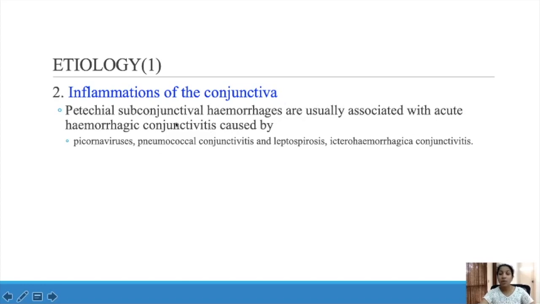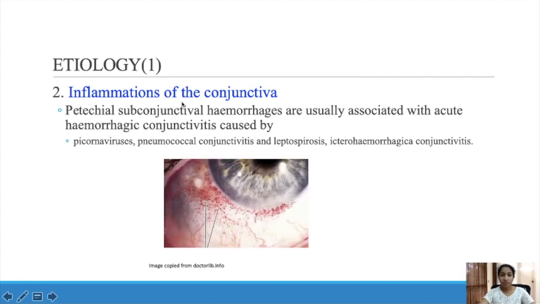Acute hemorrhagic conjunctivitis is caused by picornavirus, pneumococcal conjunctivitis and leptospirosis, icterohemorrhagica conjunctivitis. Because of all these, there will be acute hemorrhagic conjunctivitis which will cause petechial subconjunctival hemorrhages. It looks like this. This is the petechial subconjunctival hemorrhage.